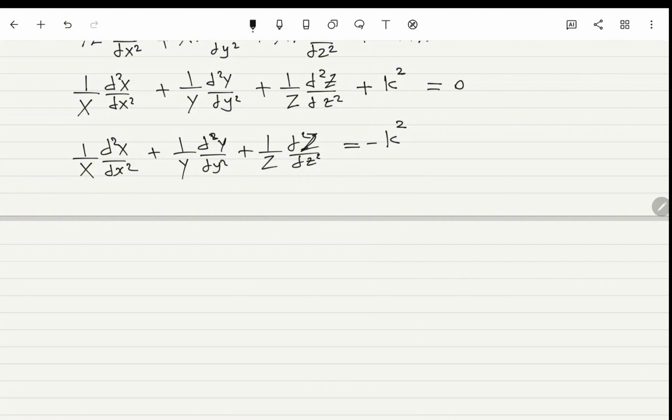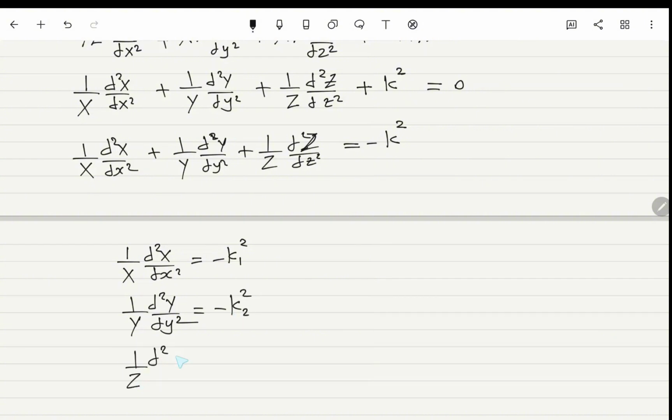So therefore, 1 over x d2x by dx squared equal to minus k1 squared, and 1 over y d2y by dy squared equal to minus k2 squared, and 1 over z d2z by dz squared equal to minus k3 squared.